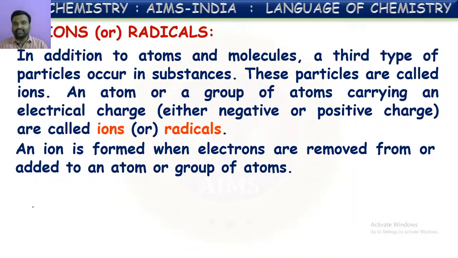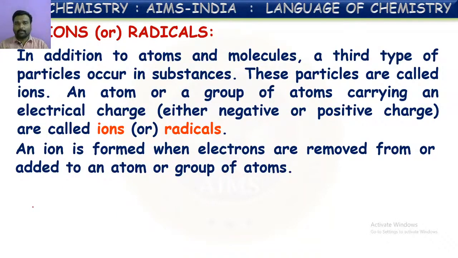To make it convenient, the ions formed by a group of atoms are commonly called radicals. That is the only simple difference between ions and radicals.